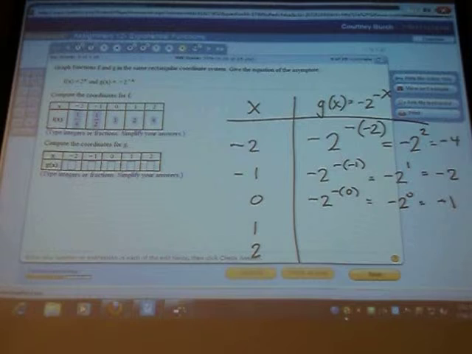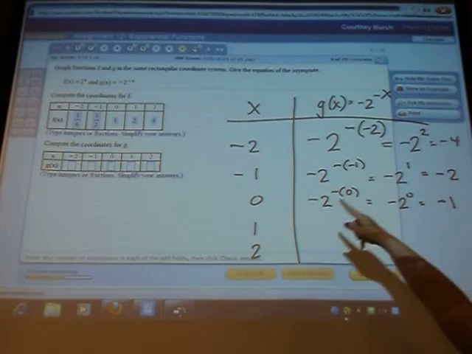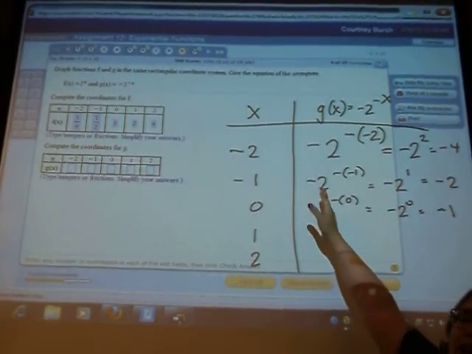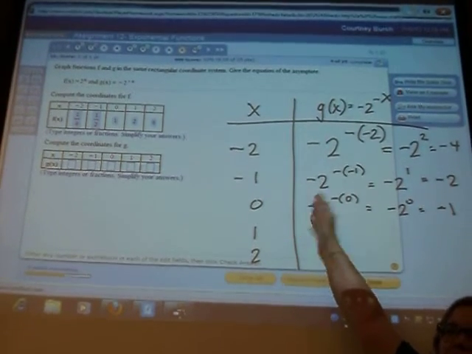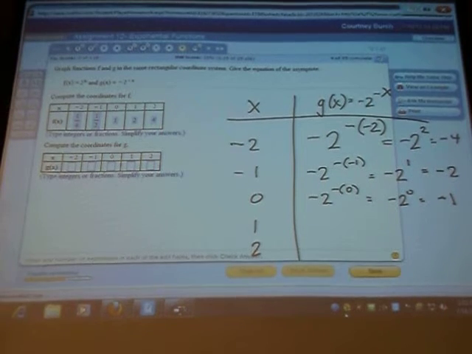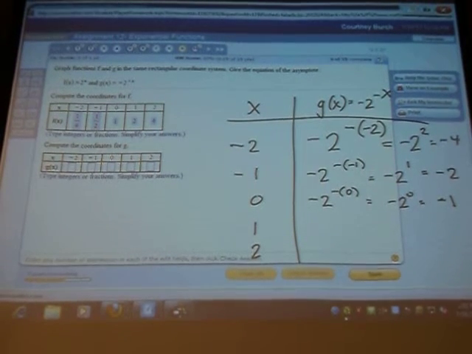Why is it negative 1? Is it because the 2 itself is negative? The power does not apply to the negative here. Oh, duh, the power only applies to the 2. That's right, because the negative in front just makes the result negative, not just in parentheses. I keep forgetting they're not in parentheses. Right, they're not in parentheses, so the negative is not raised to the power.